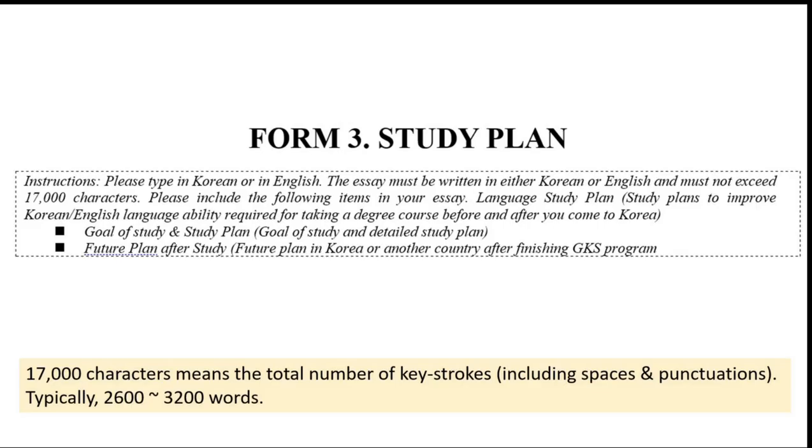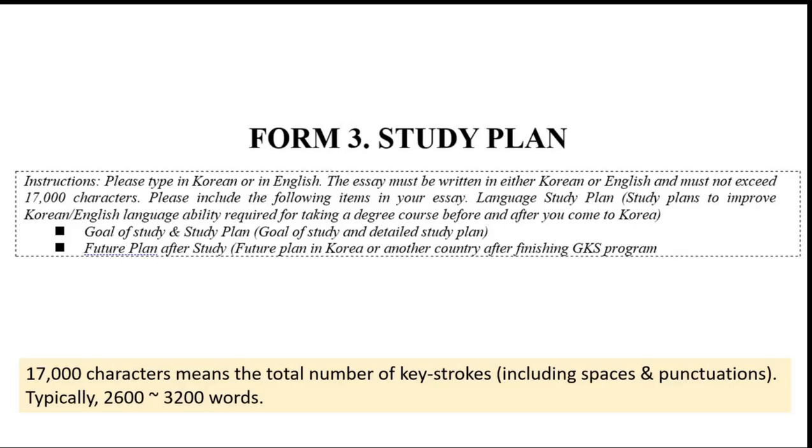Please include the following items in your essay: language study plan, that is study plans to improve Korean and English language ability required for taking a degree course before and after you come to Korea; goal of study and study plan, that is goal of study and the detailed study plan; and future plan after study, that is future plan in Korea or another country after finishing the GKS program. So these are the high level instructions given as a guideline to prepare the study plan.